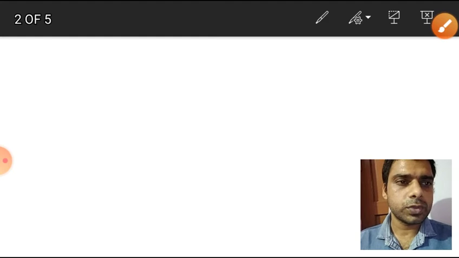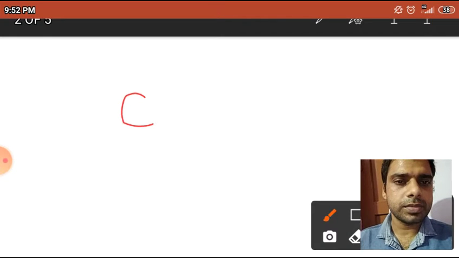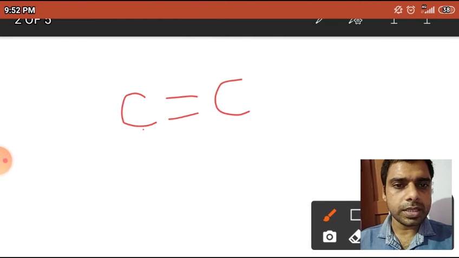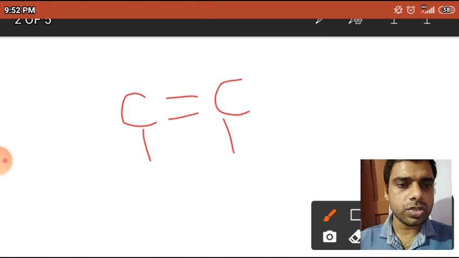Okay, so you can see here I have written C double bond C. Here the constitution, that means C double bond C, would be the same everywhere.